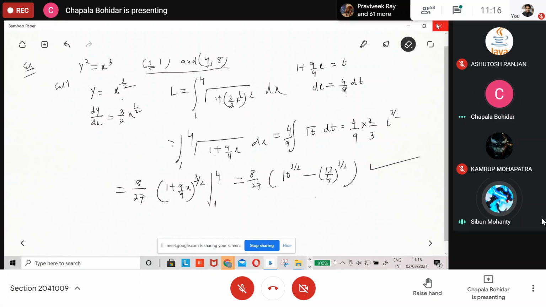Ma'am, the answer is 7.63. I don't know, it is not written here. It is written as 1 by 27, 80 into root 10 minus 13 into root 13. It means it is taking 8 inside.